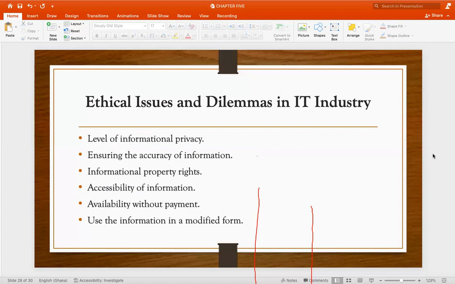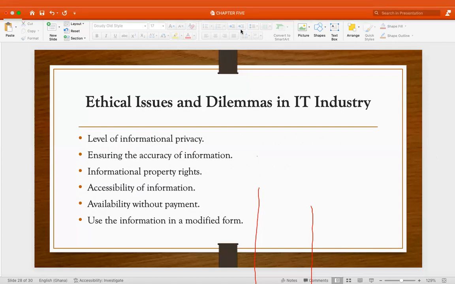Some ethical issues and dilemmas in the IT industry. The ethical issues that we may look at is the level of informational privacy. How do we look at information as private, and yet you also want it to be out there?